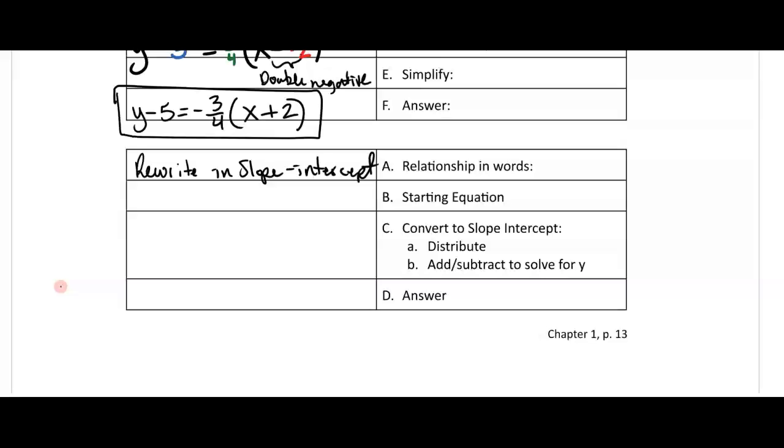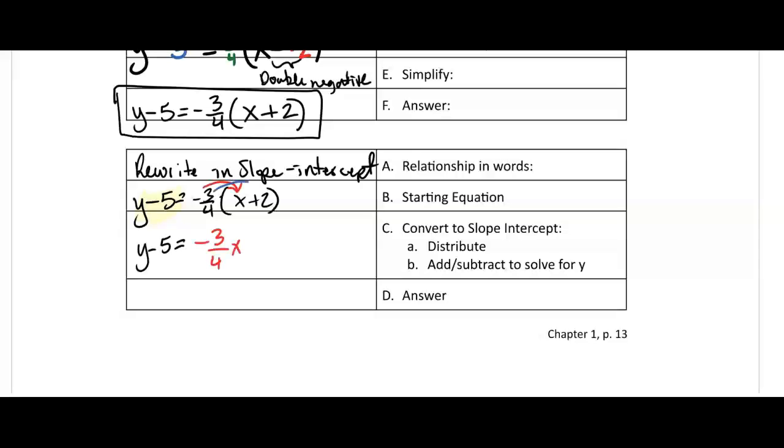Okay, so this was my starting equation, y minus 5 equals -3/4 x plus 2. And then when I'm converting to slope-intercept, first I distribute. So I copy this first part straight down.